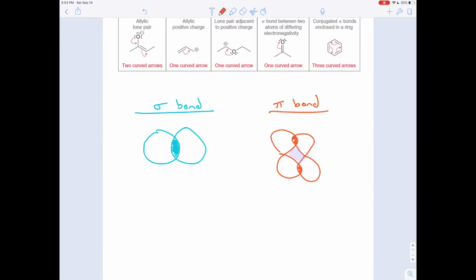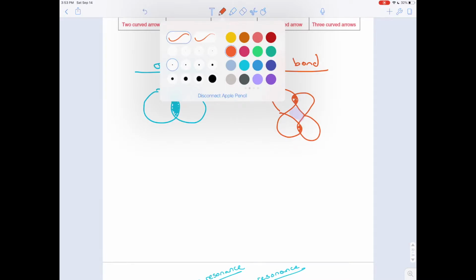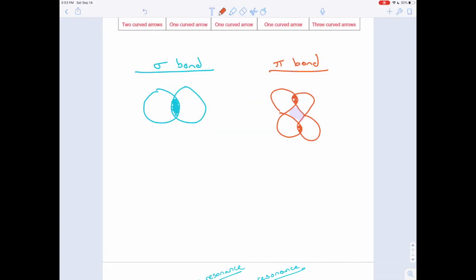And in general, pi bonds in organic chemistry will be made from parallel p orbitals. Remember, each carbon atom has 1 s orbital and 3 p orbitals that are all perpendicular to each other: 1 in the y direction, 1 in the x direction, and 1 in the z direction, coming out and going into the page.